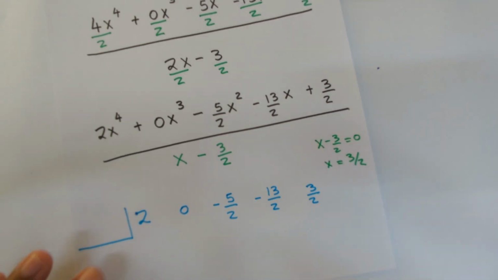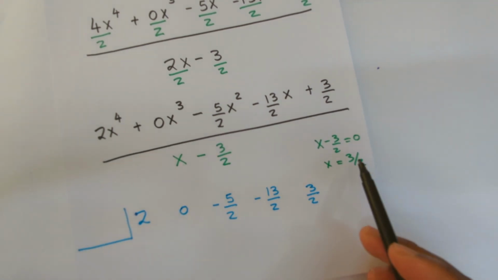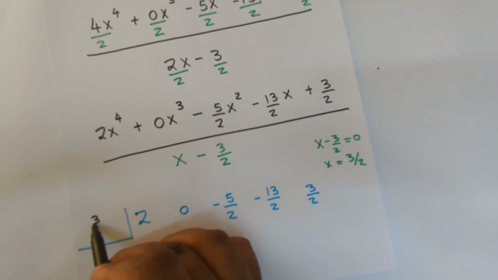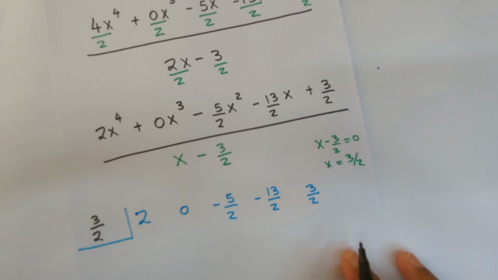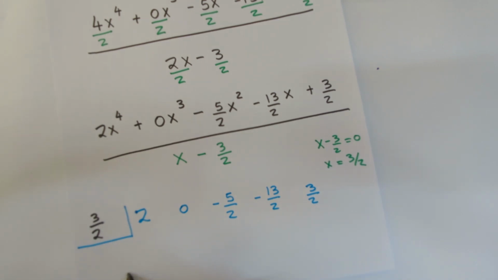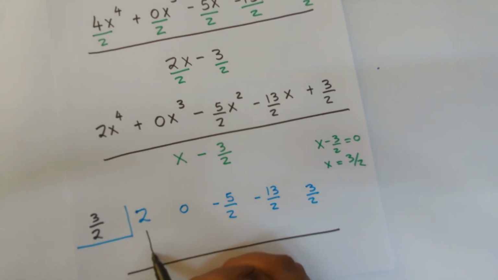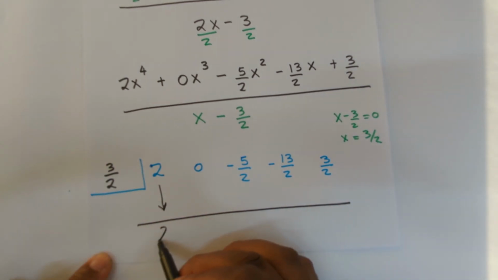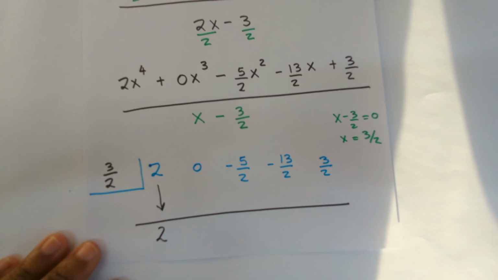Now on the left side we are going to put the 3 over 2, which is the value of x that we got after equating the divisor to 0. We'll draw our line and we'll bring down the first number, which is 2. Now let's multiply.